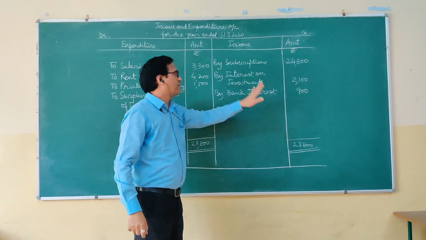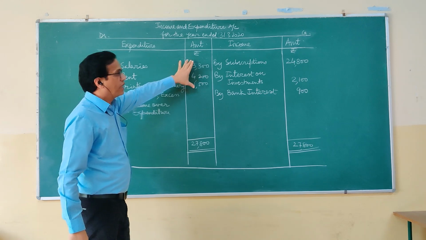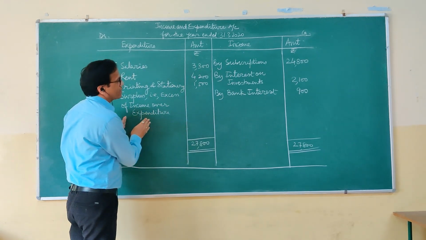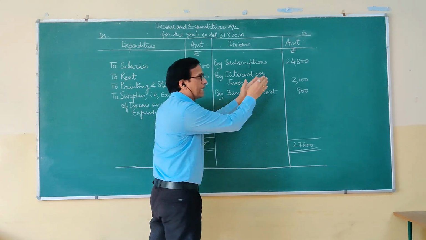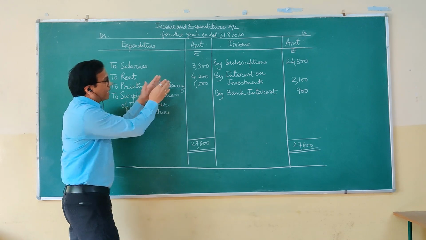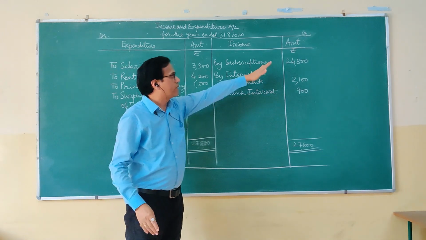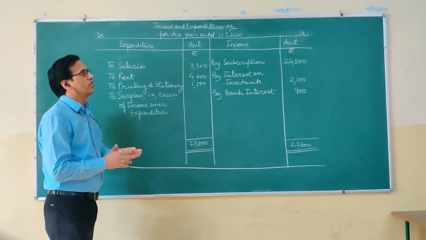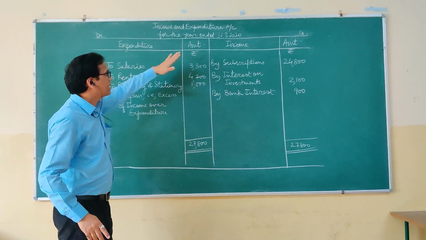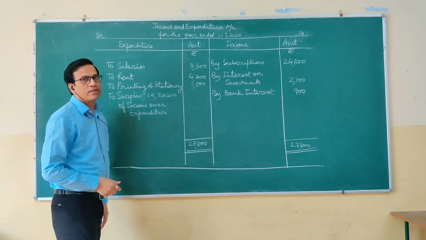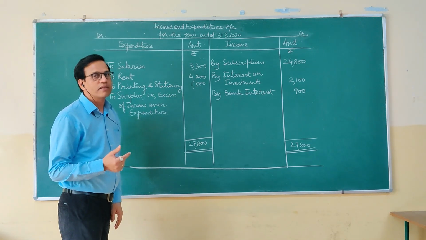Take the total of debit side items. The difference between the two totals will be either our surplus or our deficit. In case credit side total is more than debit side total, it will be our surplus. If the debit side total is more than the total of credit side, it will be our deficit. So here in this question, the credit side total is exceeding the debit side total, so it will be our surplus.